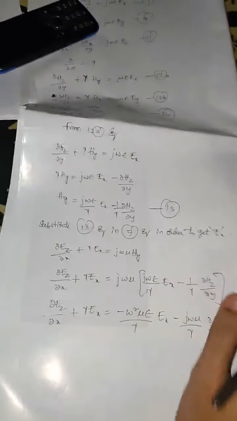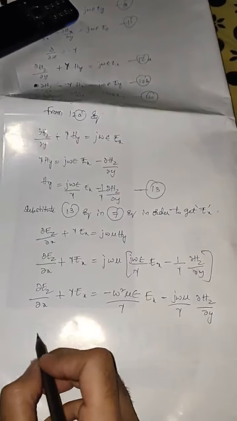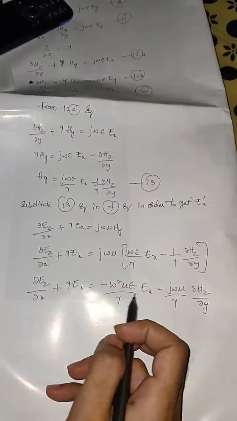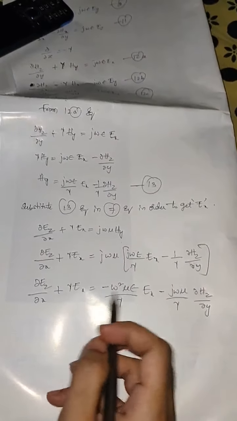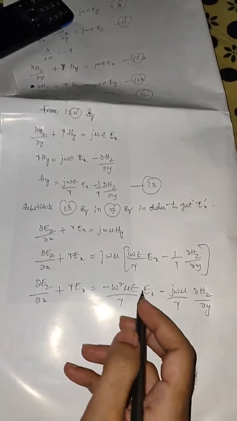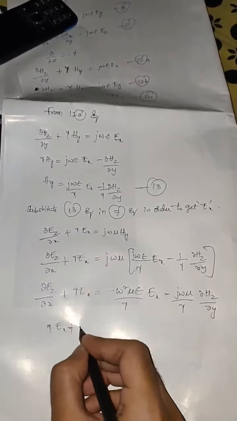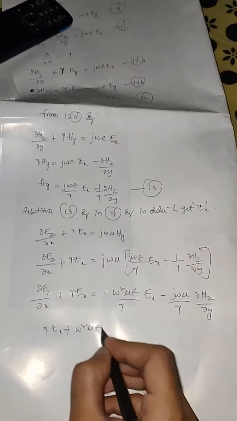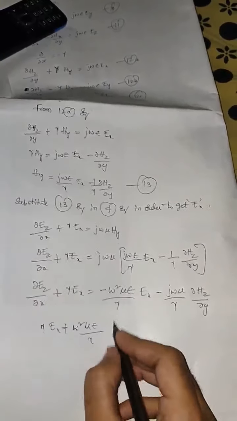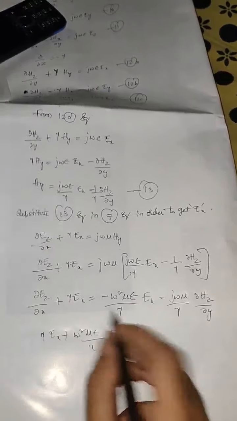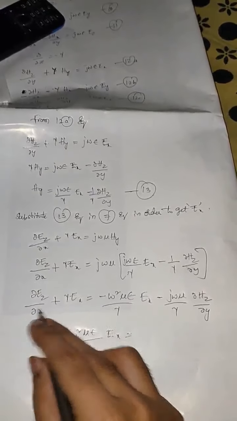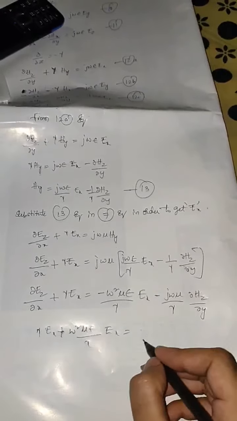So from this equation, the ex terms are there, so the ex terms should be written on one side. This term is moved to this side, and this dou ez by dou x is moved to the other side.